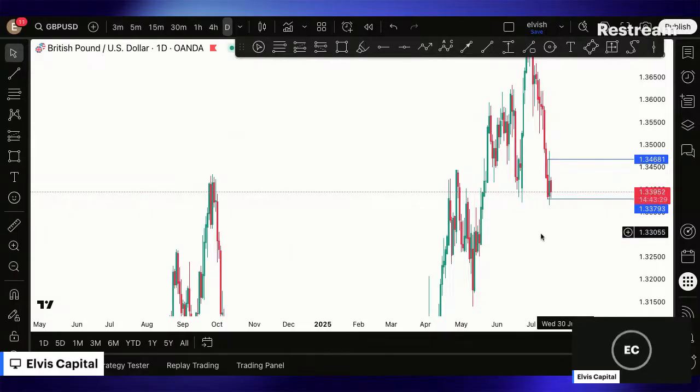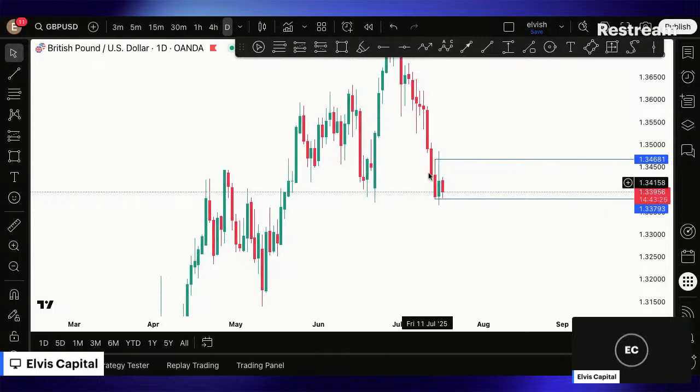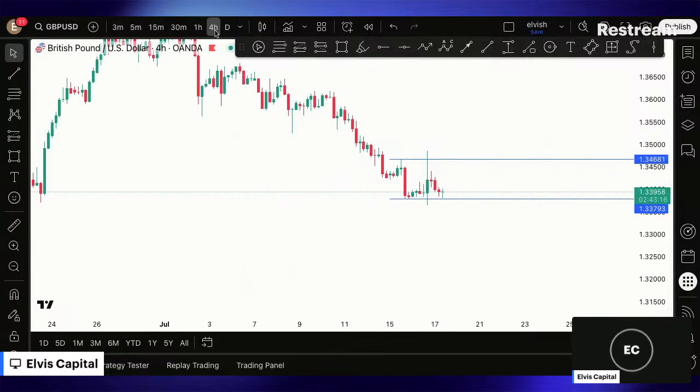Now I know that price is forming a consolidation grid in the daily time frame, as you can see over there. So I'm going to go into my 4-hour time frame. As you can see, price now is within this area of resistance that I talked about previously.